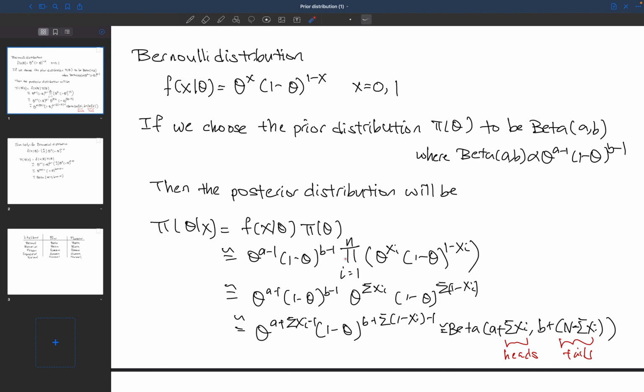So if we do m throws, the Bernoulli likelihood will be given by this product term multiplied by the prior distribution.